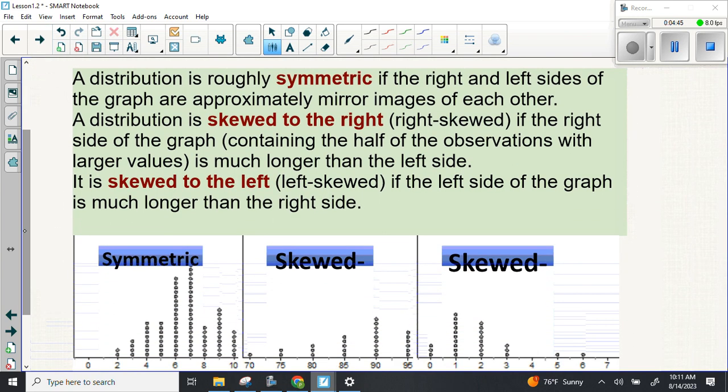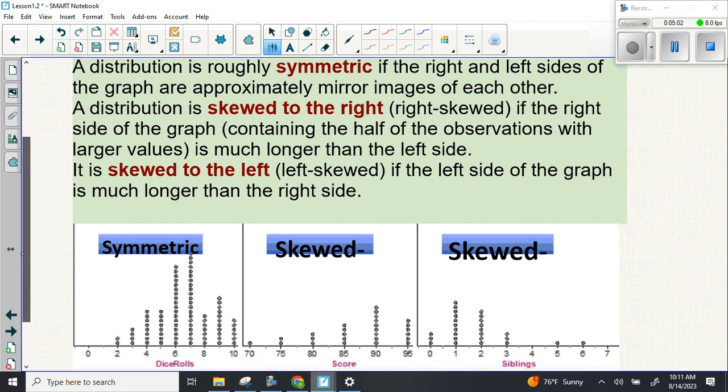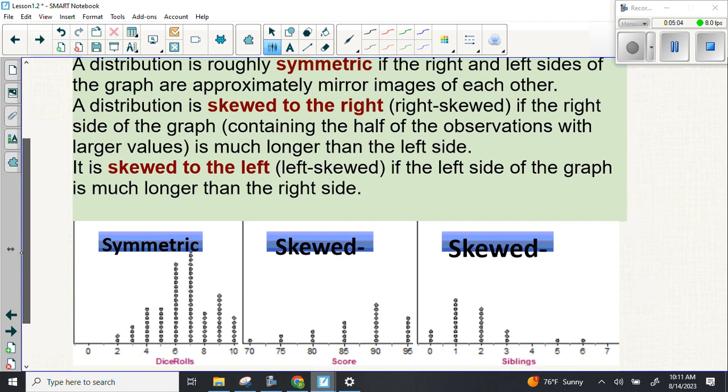Okay, so when you're describing shape, you have three options to describe the shape of the distribution. It is either going to be symmetric, roughly symmetric. Some of them are exactly symmetric, it depends. Or they'll be skewed to the right or skewed to the left. So this is what they look like. Here are some examples of these things.